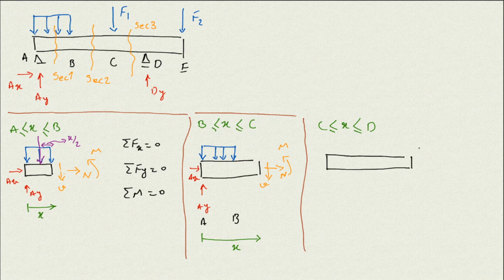Again, I have the external forces at A, so I have AX, AY, and I have the total distributed load here. Also remember, eventually we are going to replace it with the resultant value for that force. And then I have F1 here.